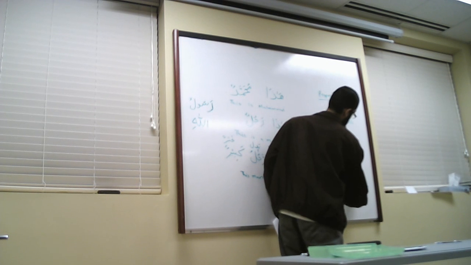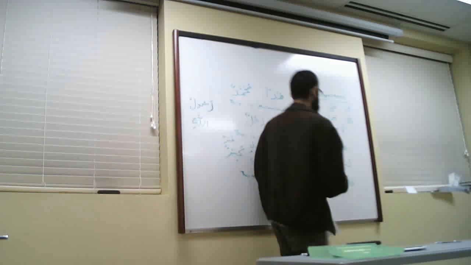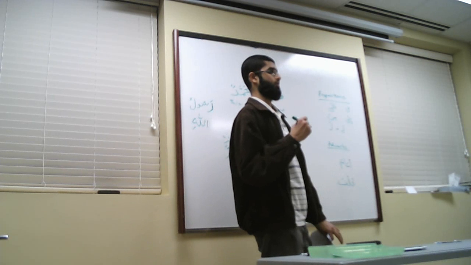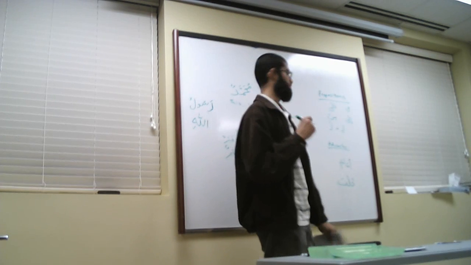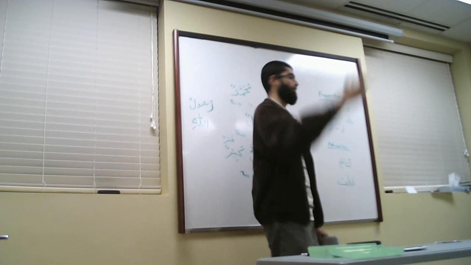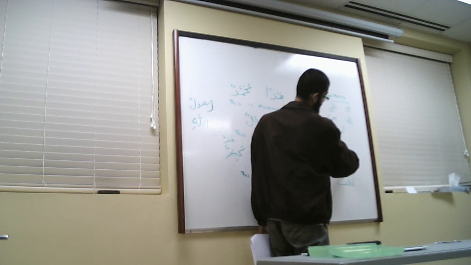So just like fi and ala and ila, amam, the noun that follows it gets majroor status. It has a kasra at the end. Like if I said ana fil masjidi, or if I said ana amam al masjid. But the difference is that amama is an adverb and fi is a preposition. But they both serve the same function in that the noun that follows them gets a kasra.